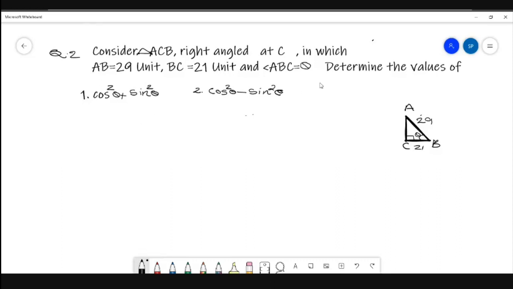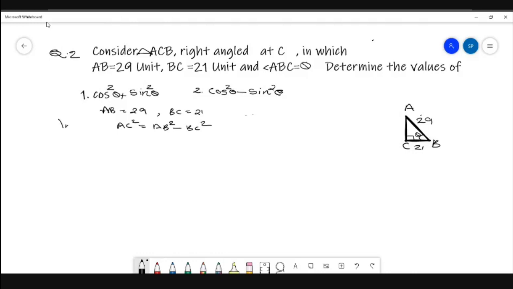So let us find what is AC in the figure. Now we have AB equal to 29 unit and BC equal to 21 unit. So AC square equal to AB square minus BC square.